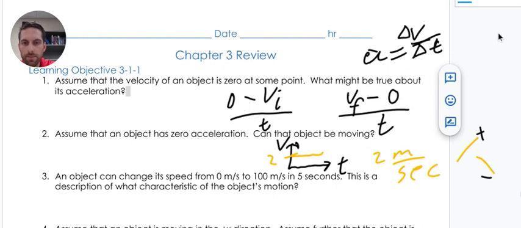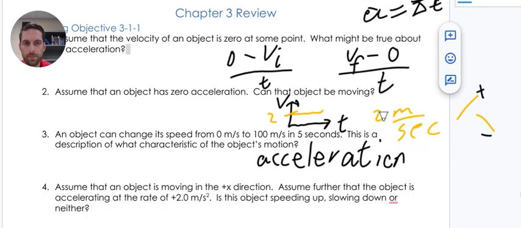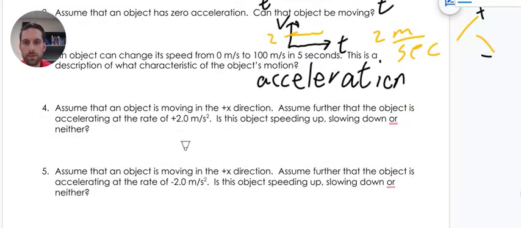For this one, our speed's going from 0 to 100 in 5 seconds. This is acceleration. So A, or acceleration. Number 4, we're going to assume the object is moving in the positive x direction.